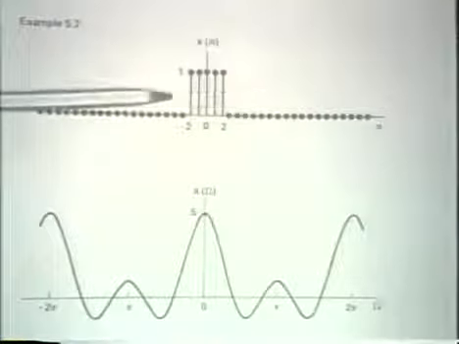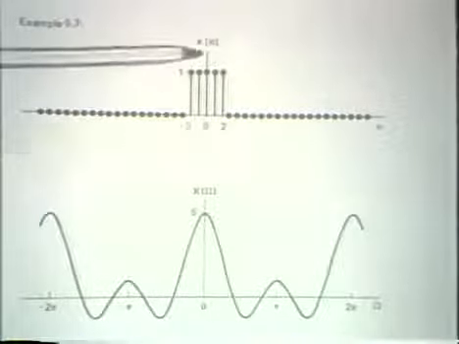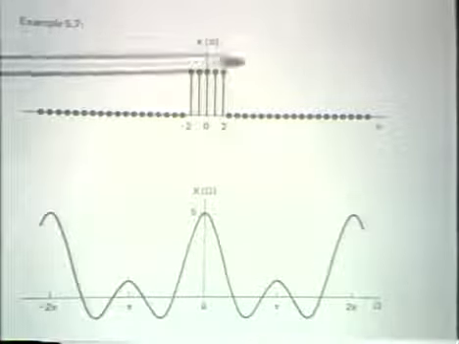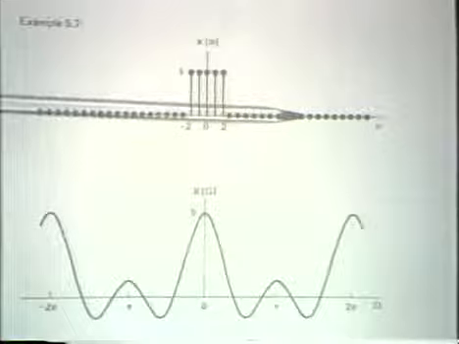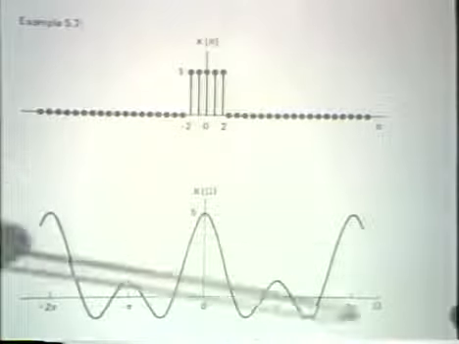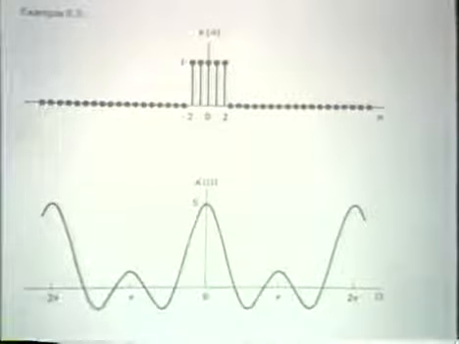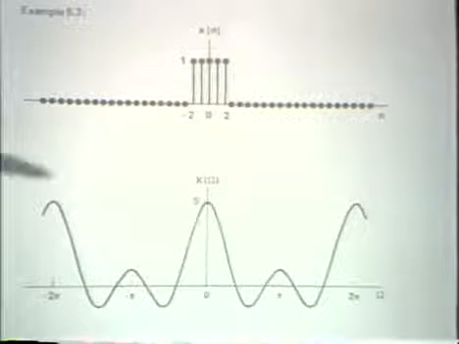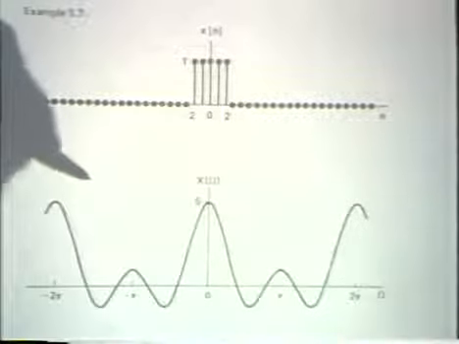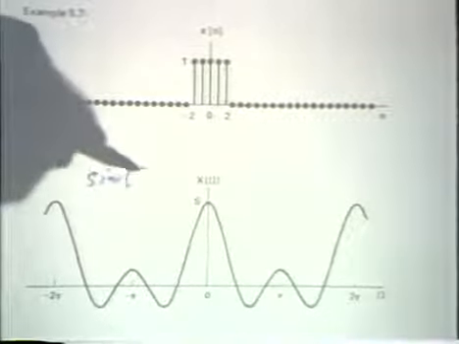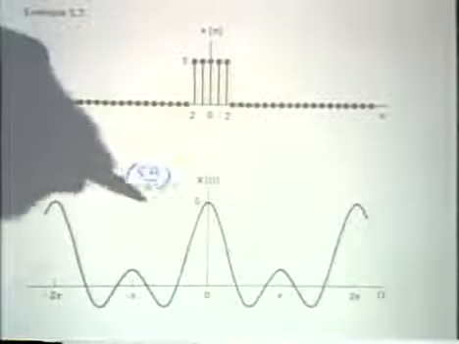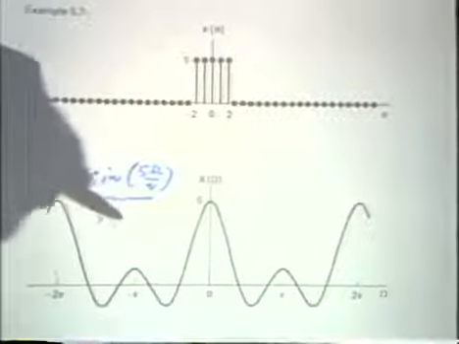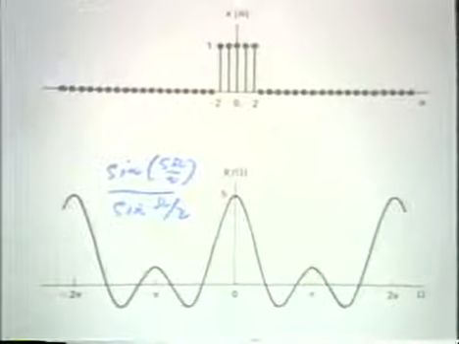As the period goes to infinity, the Fourier transform of this is represented by the envelope of those Fourier series coefficients, and that was our sine Nx over sine x function, which in this particular case, for these particular numbers, is sine 5 omega over 2 divided by sine omega over 2.